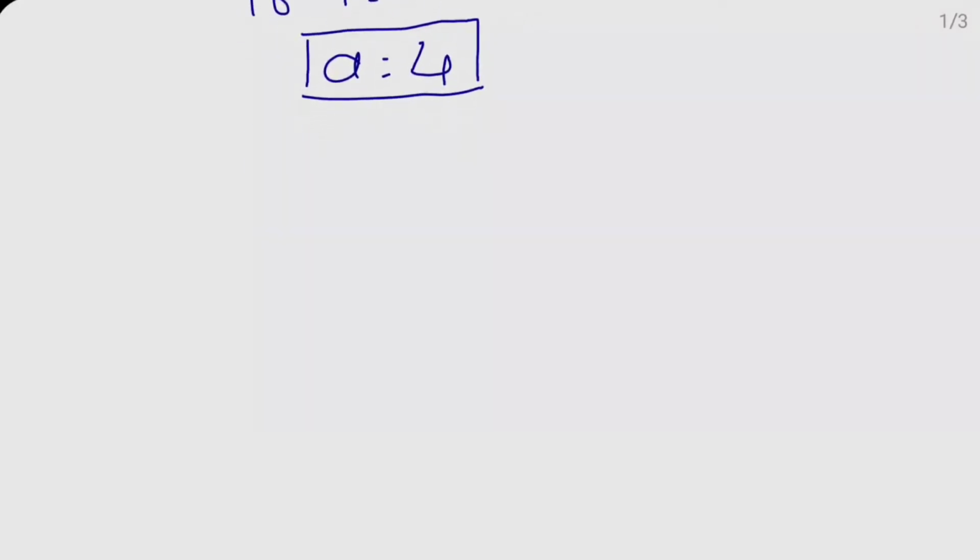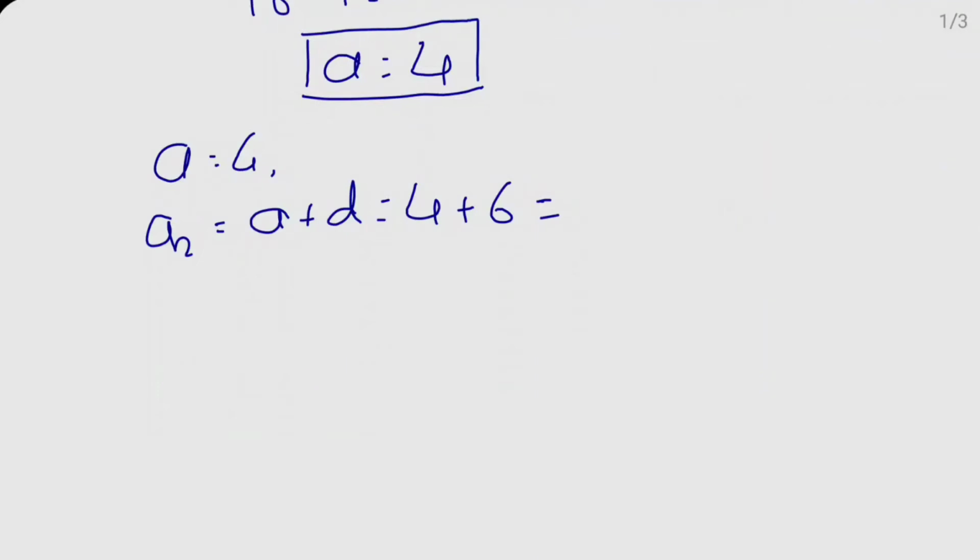So here they asked for the AP. So write down here: a equals 4 and a2. So a2 is a plus d. So what is a here? 4 plus d. d is 6. So 4 plus 6 is 10. a2 is 10. Next a3. a3 is a2 plus d.